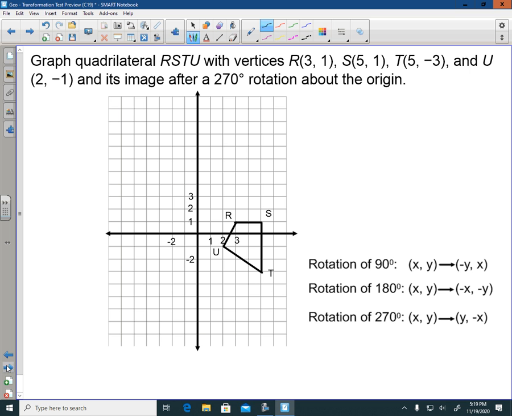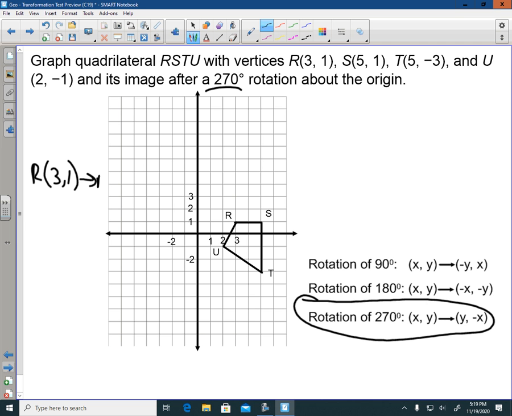So if we are to rotate 270, then we're going to choose to use the 270 rule. And what the 270 rule asks you to do is to flip-flop the values and turn the x value to its opposite. If it was positive, it'll be negative. If it's negative, it'll be positive. So we can start out by recognizing that R is at 3, 1.